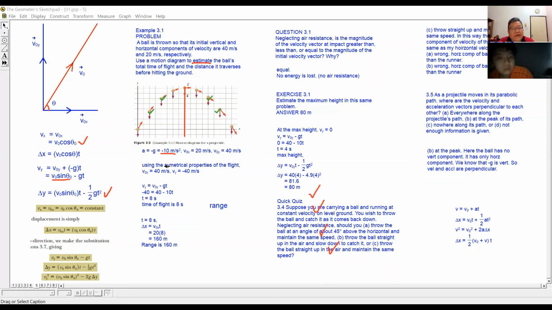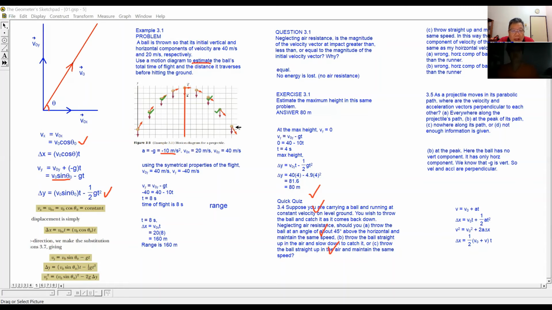Now using the symmetrical properties of the flight, if the vertical component here is 40, the vertical component here is negative 40. So you move up and come down here. We are talking about the vertical component, so we use the formula Vy equals V naught y minus gt.